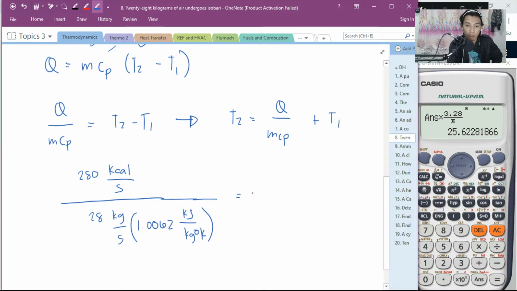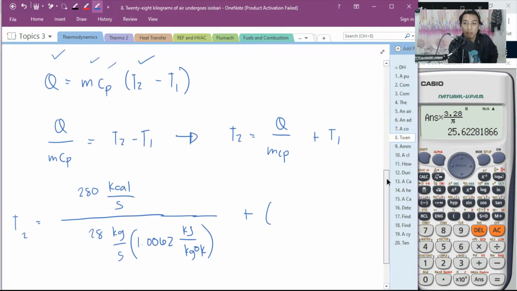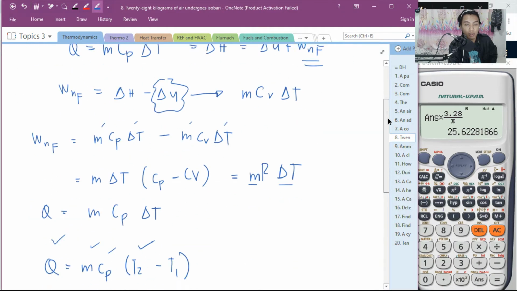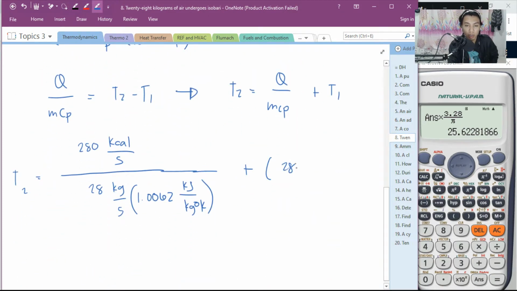Ano yung T2 natin dyan? Hindi, T2 pa lang hinahanap eh. Plus T1. Kaya lang naka-kilojoules to. Dapat T1 is 28 degrees Celsius, plus 273 degree Kelvin para ma-cancel yung Kelvin.